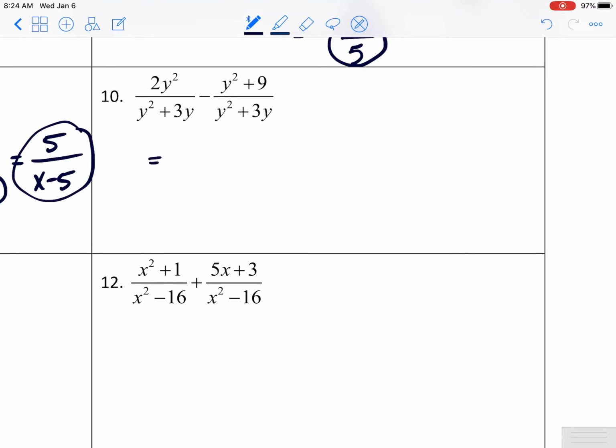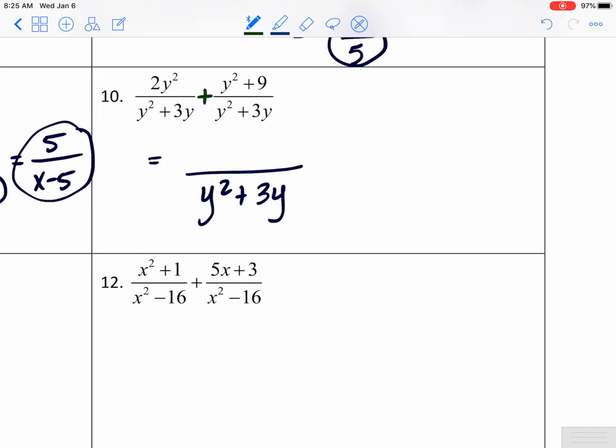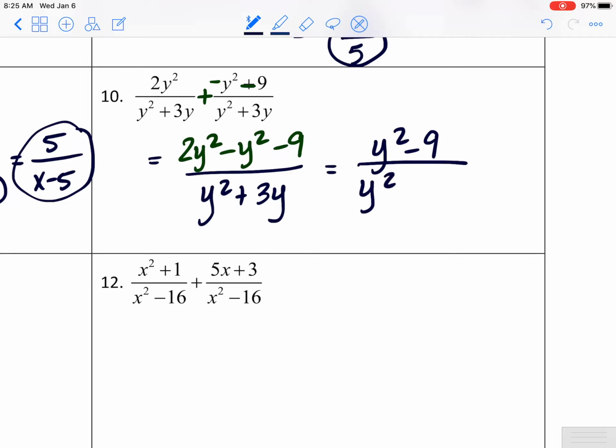All right, number 10. So I got y squared plus 3y. I'm going to go through and change this, this, and this. So I have 2y squared minus y squared minus 9 at the top. So 2 minus 1 was just really y squared minus 9 over y squared plus 3y.